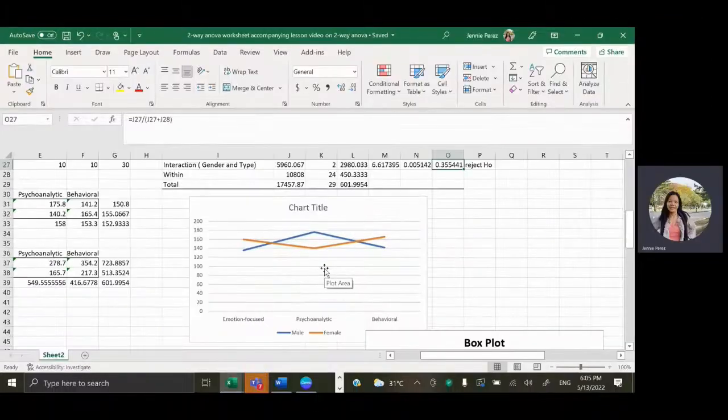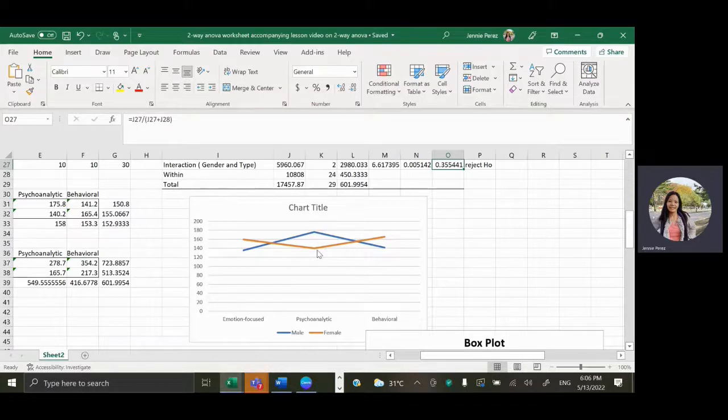So we have the chart showing the mean scores of our participants, including both factors. On the x-axis, we show here the three types of counseling: the emotion-focused, the psychoanalytic type of counseling, and the behavioral type of counseling. And over here on the y-axis would be the scores on the grief scale.